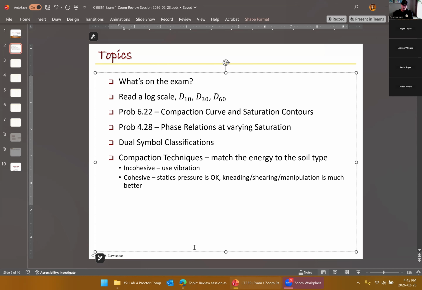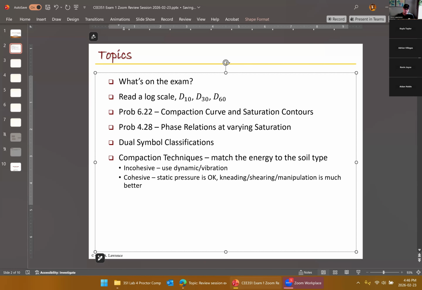And so what this idea then leads to is all the other methods and techniques that we're going to talk about. It all comes down to this, right? Use dynamic energy, vibrational energy, as opposed to static energy or just static pressure.